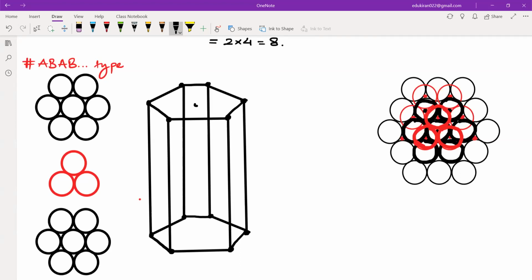We have a black atom in the center also. A black atom in this center also. We have 3 red atoms like this. Can you draw this?